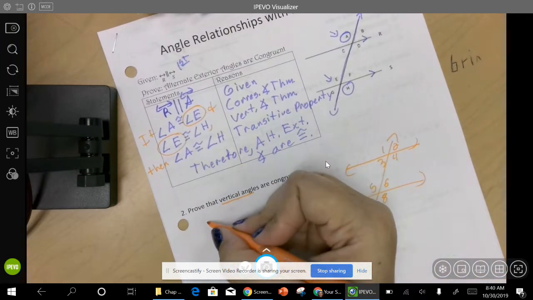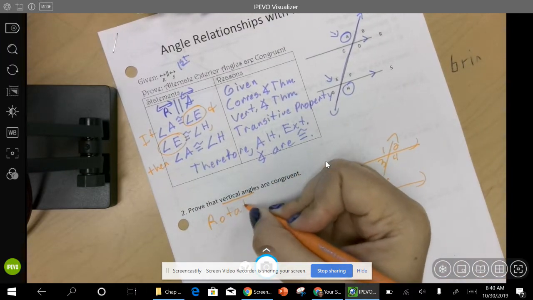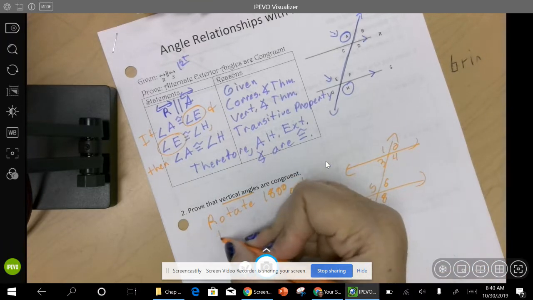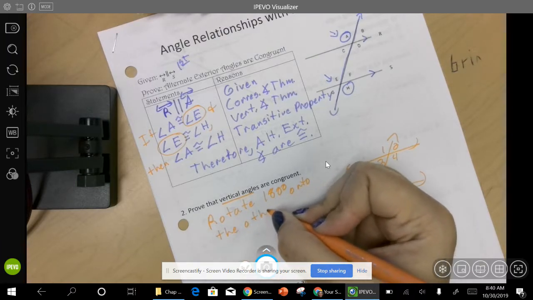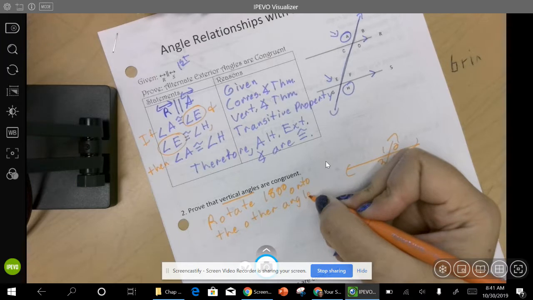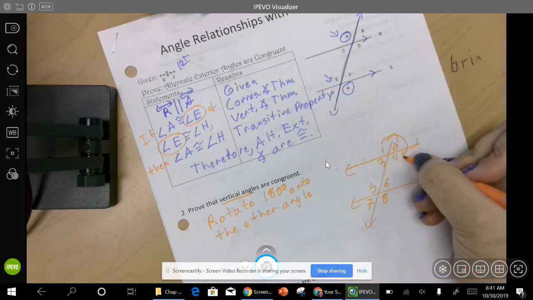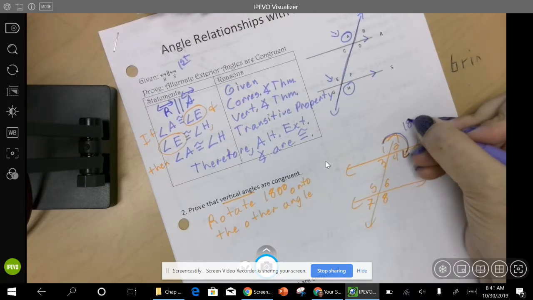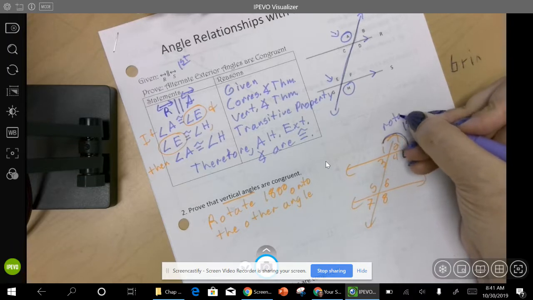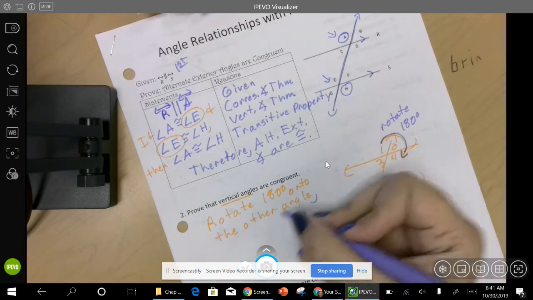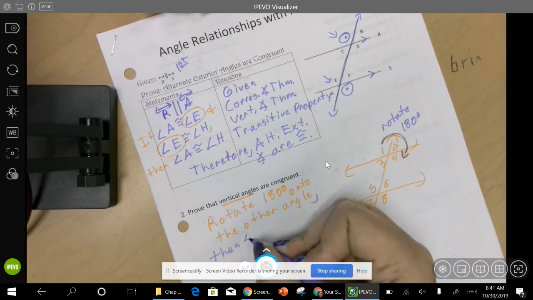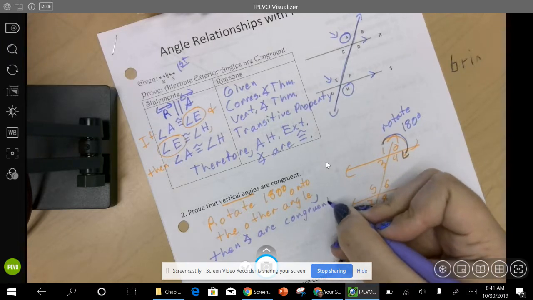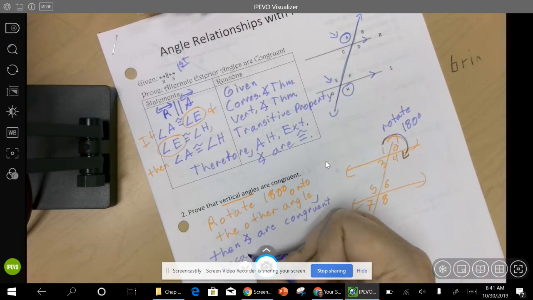Everybody remember we did that with the patty paper, so if I rotate 180 degrees onto the other angle, then the angles are congruent because of rigid motion.